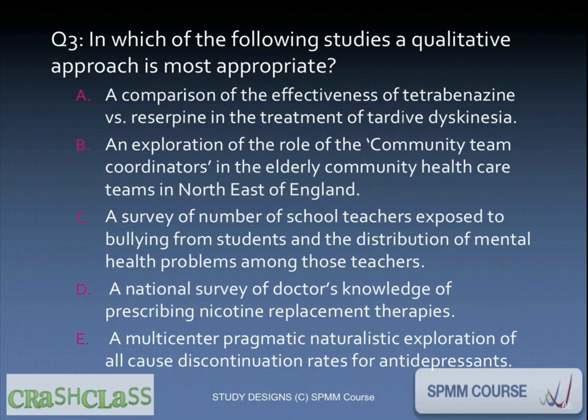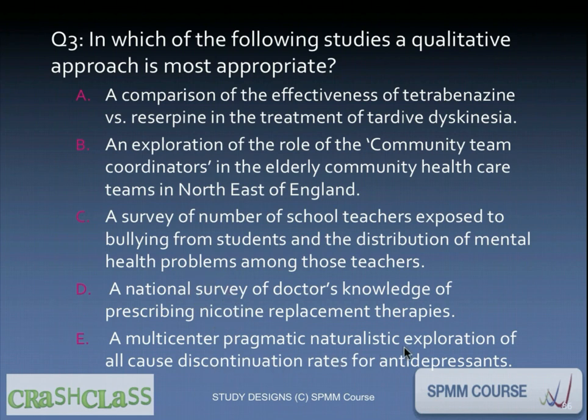Whenever you see a survey that tries to measure numbers, this is quantifiable, so this is not qualitative. D is also a survey, a national survey of doctors' knowledge of prescribing nicotine replacement therapies. You can send a postal survey with a specific set of questions and you can actually measure. So these things are not qualitative. D is also quantitative.